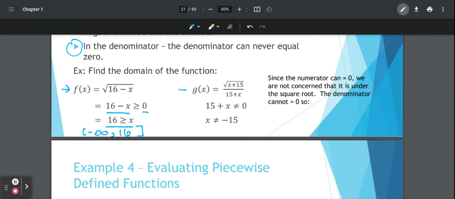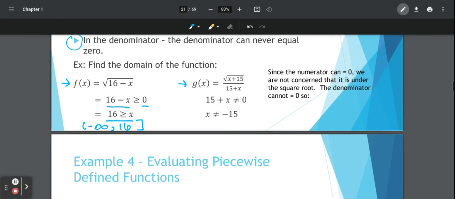If you look at this other one, g of x, we have our denominator, the 15 plus x, so we know that x can't be negative 15, but here if you notice we also have that square root in our numerator, so we would have to also consider the fact that x plus 15 has to be greater than or equal to 0, or x has to be greater than or equal to negative 15.